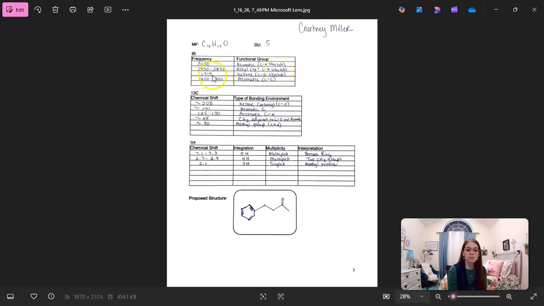At 1715 cm-1, there is a strong ketone C=O stretch. Finally, peaks at 1600 to 1500 cm-1 indicate aromatic C=C skeletal vibrations. Together, these peaks indicate the presence of an aromatic ring and a ketone functional group.